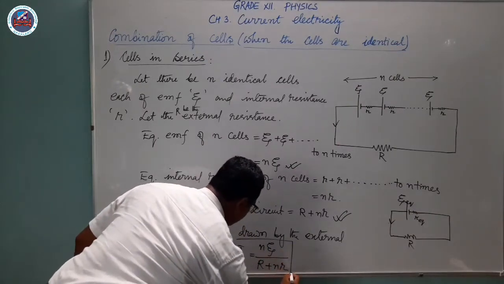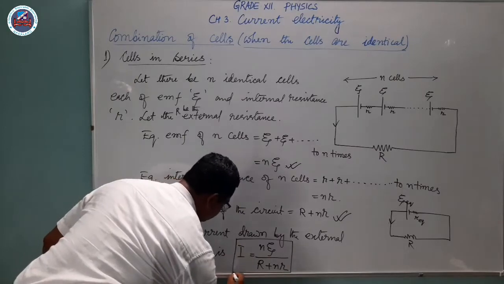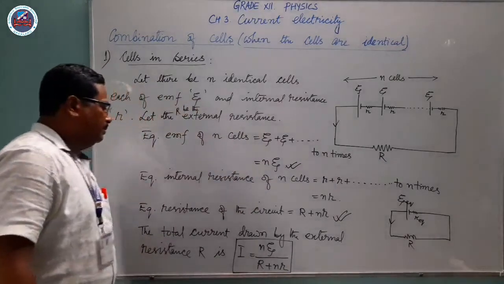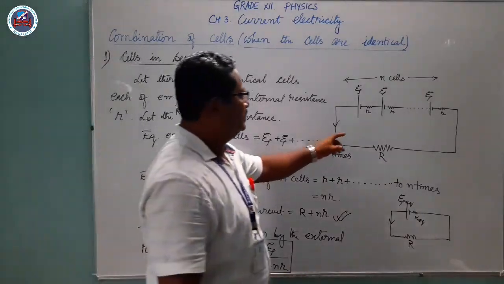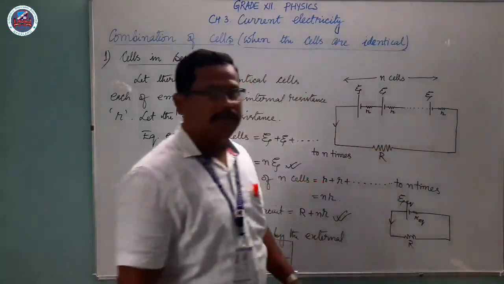This will be the amount of current drawn by the external resistance when n identical cells are connected in series.